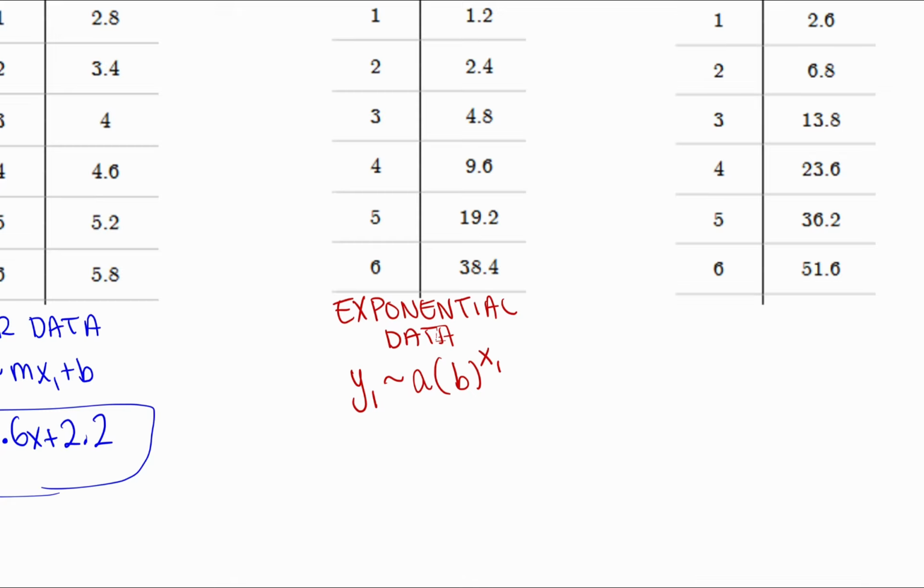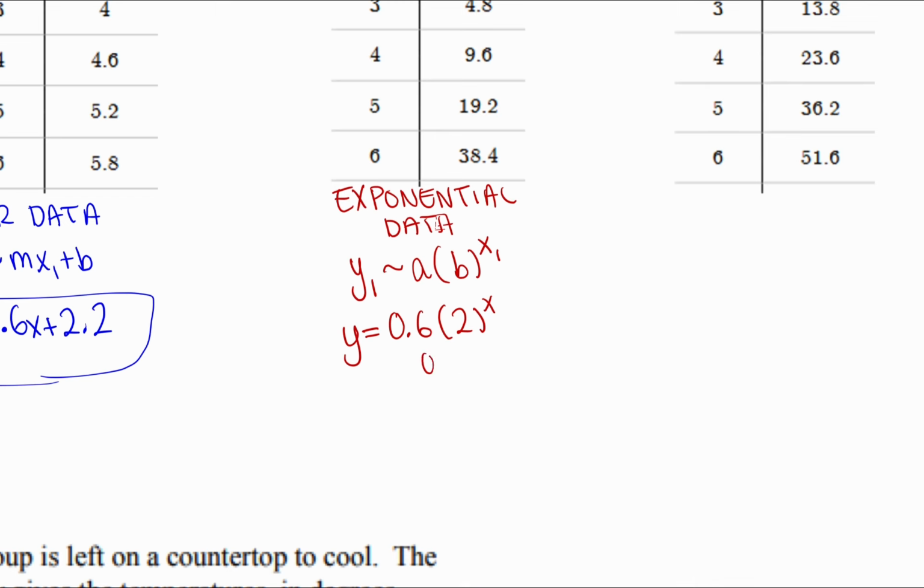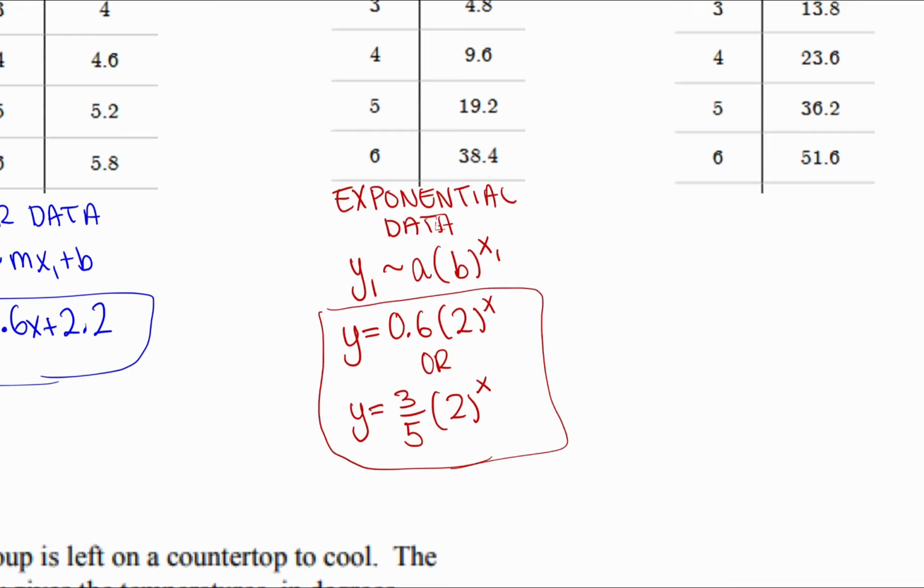Based on the information that I gathered from the data table, I can indicate that the equation is going to be y equals 0.6(2) to the power x, or I can write this down as a fraction. Instead of a decimal of 0.6, I can also say y is equal to 3/5 times 2 to the power of x. And that's going to be my exponential regression equation.